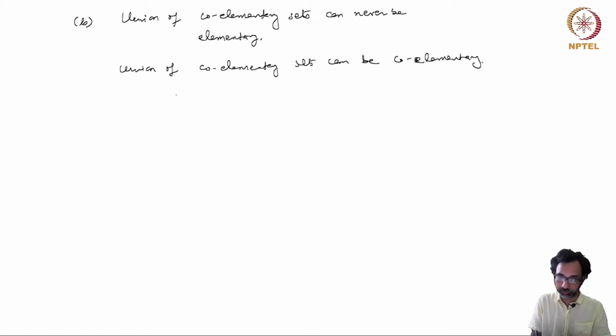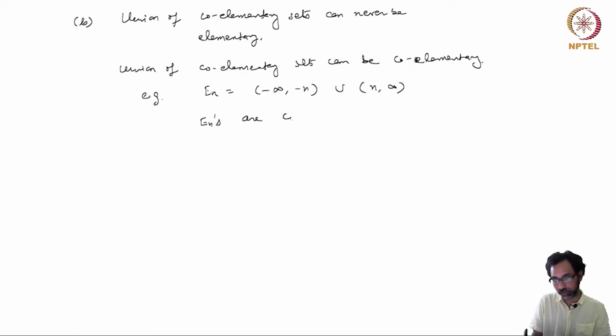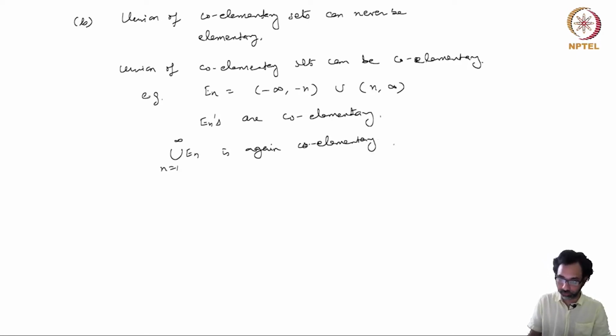So in this case, for example, if you take E_n to be minus infinity to minus n union n to infinity, then the E_n's are co-elementary, and the union of E_n's, n equal to 1 to infinity, is again co-elementary, because if you write this as E, the complement is nothing but the interval minus 1 to 1.